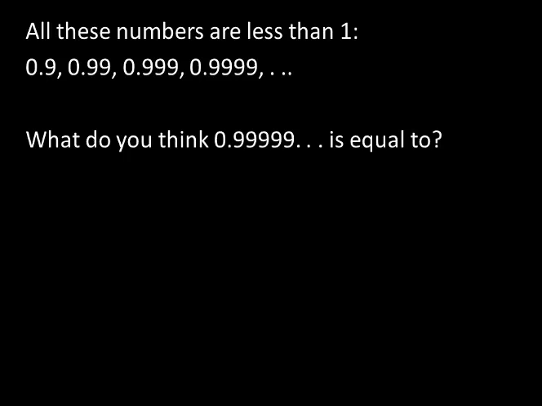Look at this sequence of numbers up here. All of those numbers are less than 1, aren't they? Even if we had 0.9 followed by 100 more 9s, it's still a hair less than 1. So what do you think it is if the 9s repeat forever? Well, I'm going to prove to you that it is actually equal to 1.